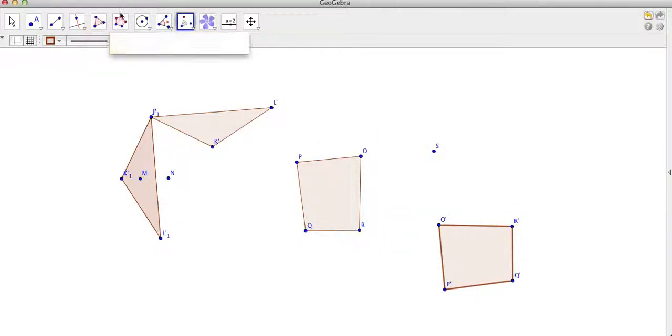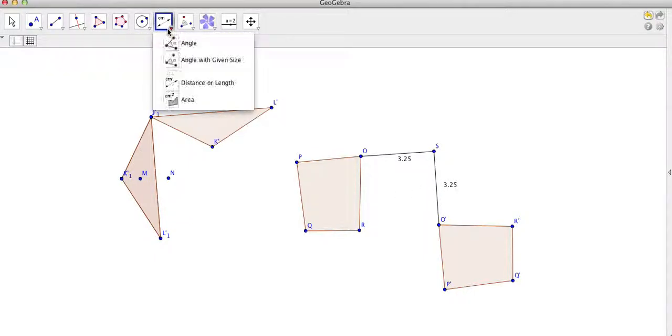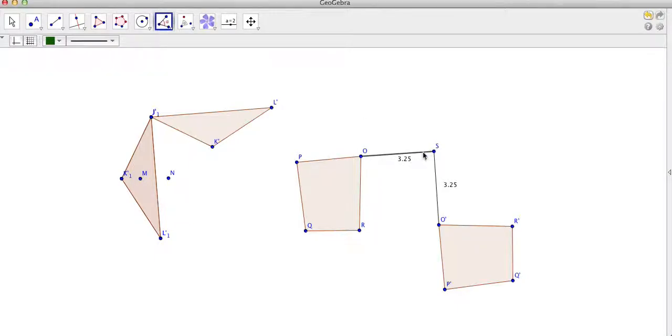And here you can see that these distances are the same. Also, in this situation, the lines connecting the original point, the point of rotation, and the original point's image form a 90-degree angle.